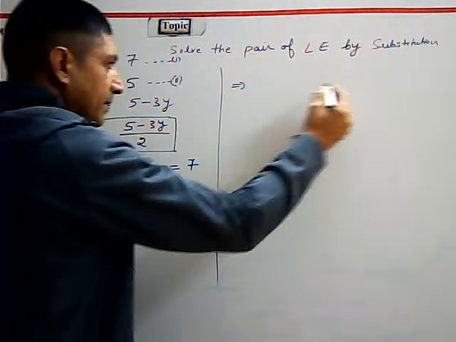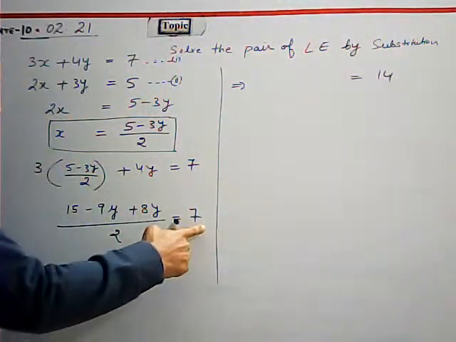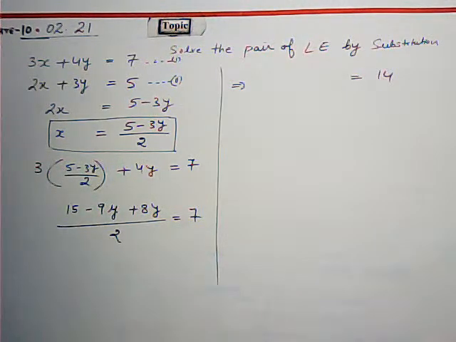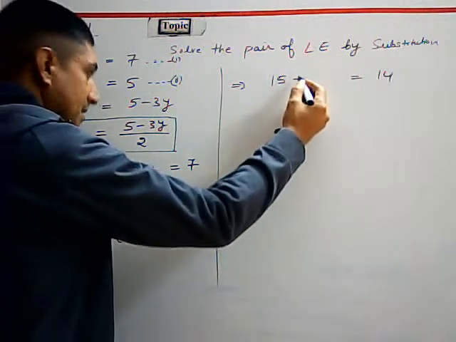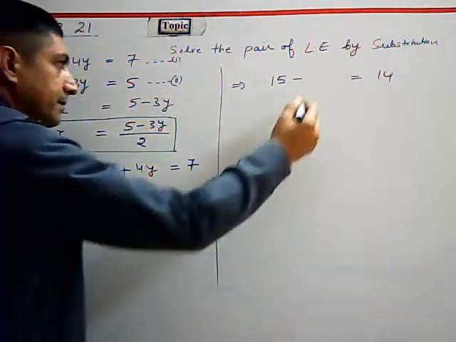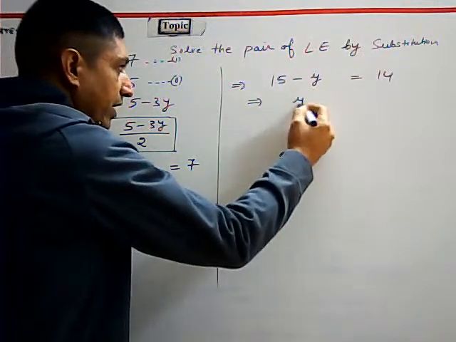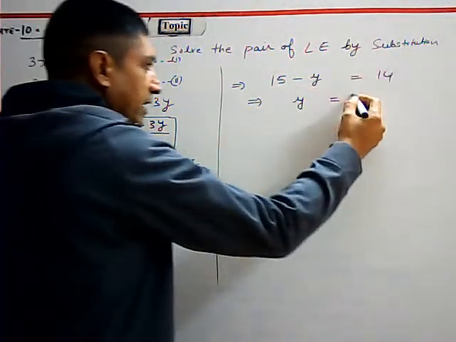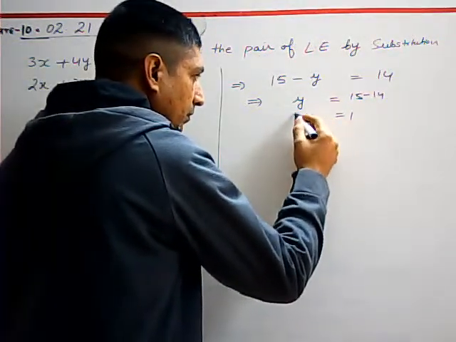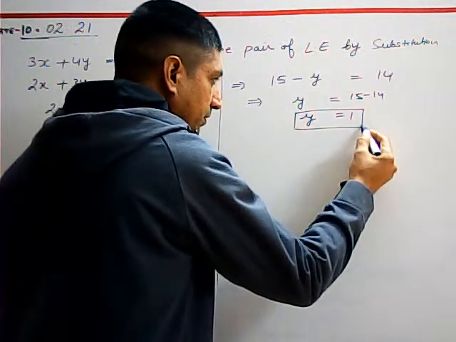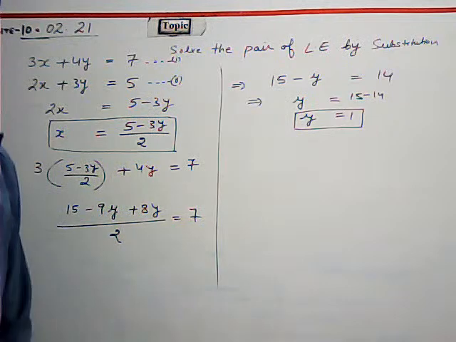This implies that 15 minus y is equal to 14, right? So what is y? y is equal to 15 minus 14, so y is 1. What is the value of y? The value of y is equal to 1.